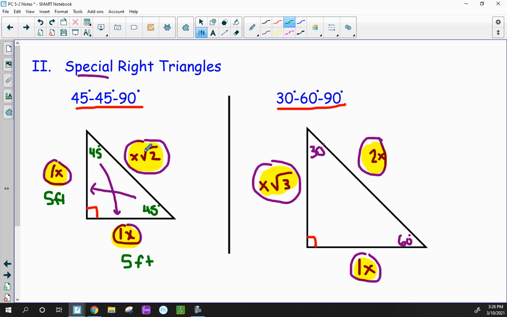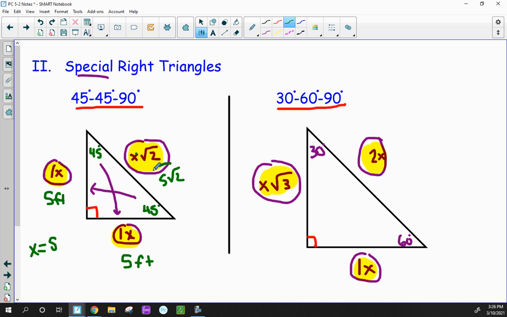Well, if the hypotenuse is the square root of 2 times longer than this side, and this side is 5, then all you have to do is, if x is 5, that's essentially what that's saying, you put 5 where the x is. And so this side would be 5 times the square root of 2.